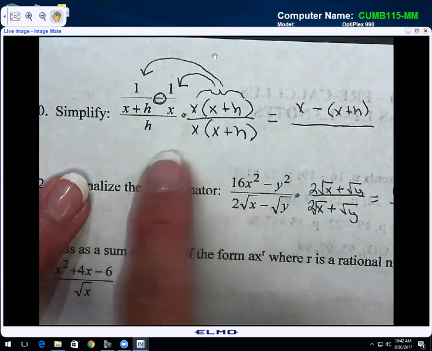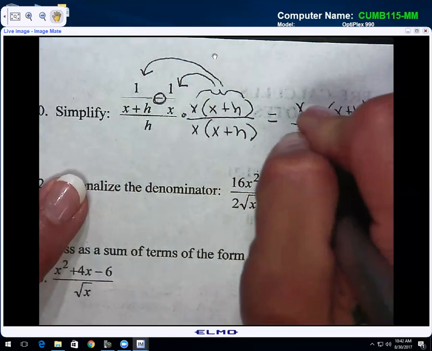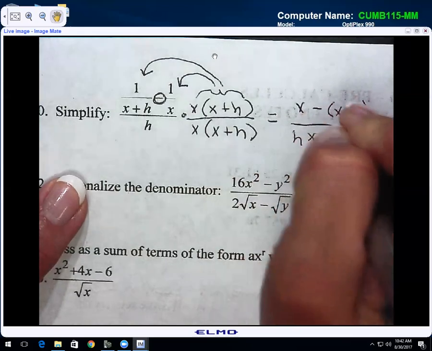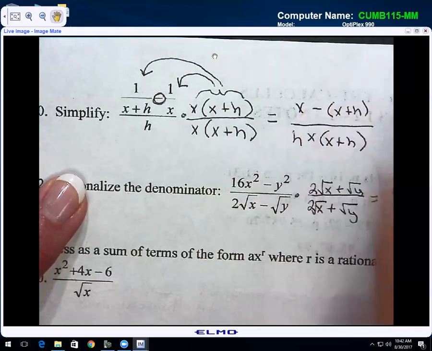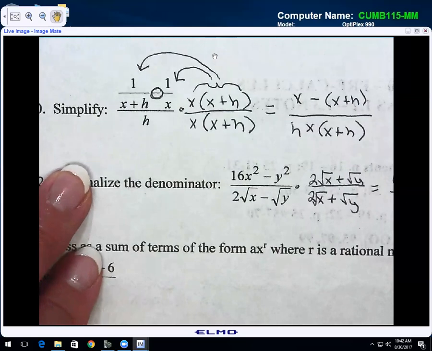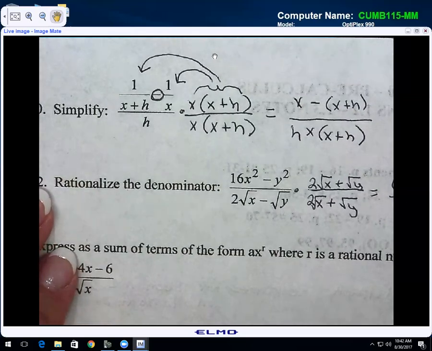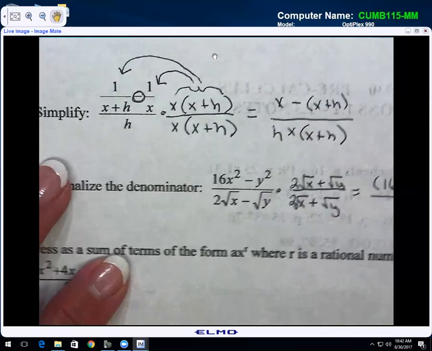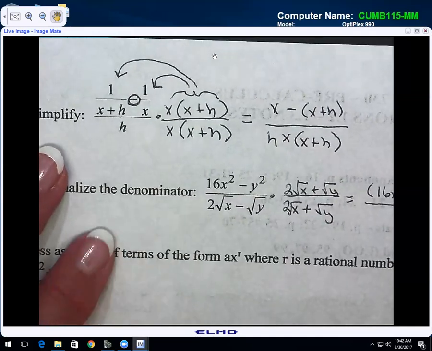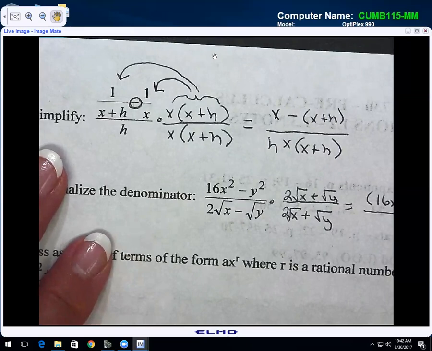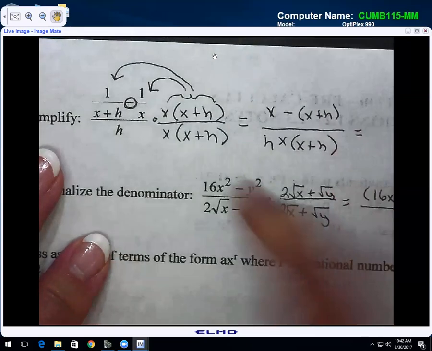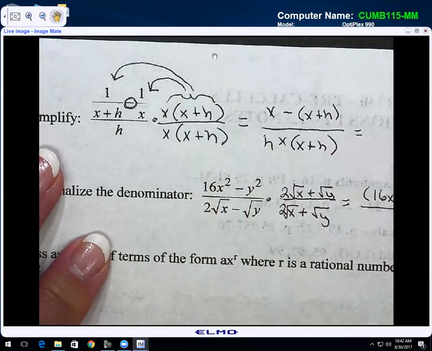The denominator is just going to have the H, the X, and the X plus H. I don't want to multiply it because my goal is seeing if there's any common factors. Clean up the numerator and see what happens. X minus X is 0.